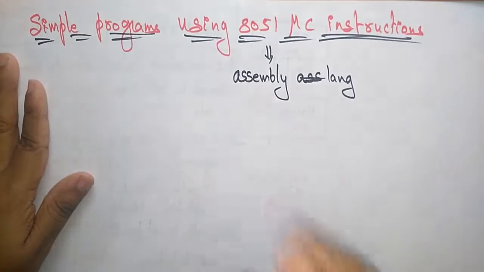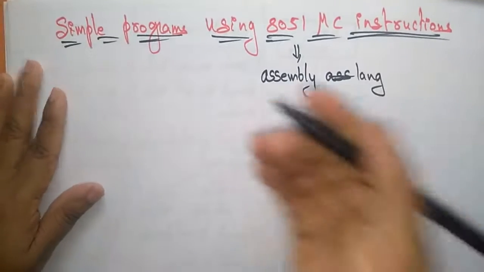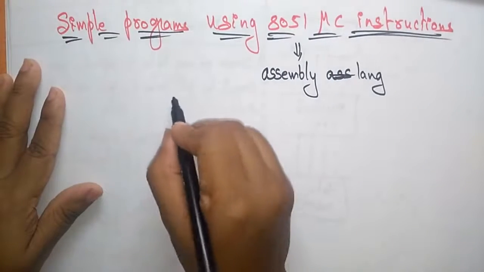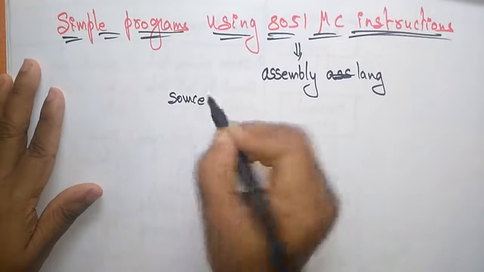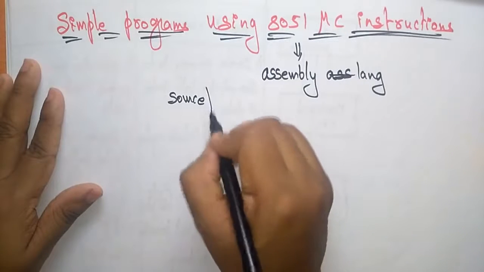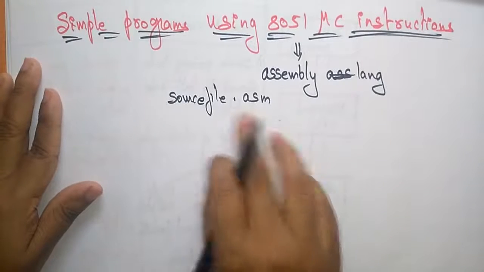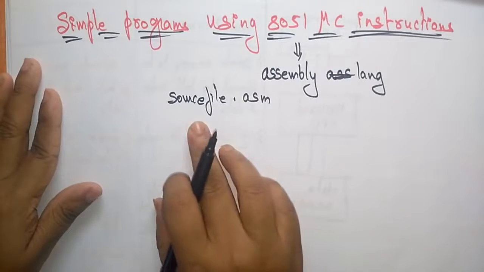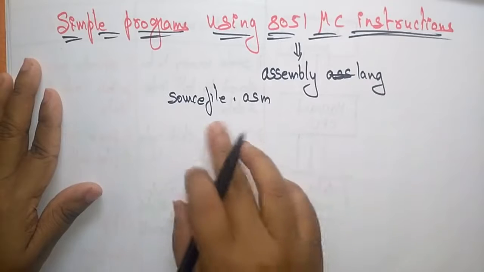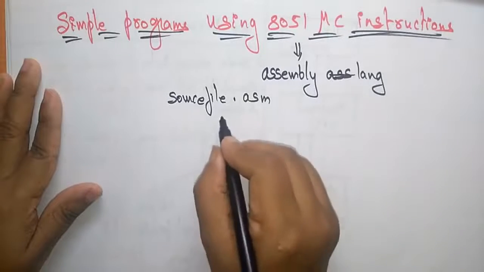Assembly language is a fully hardware related programming language. Remember, whatever file you take, that file has to be stored as, suppose, source file .asm. The extension is assembly language, ASM. Save the file as .asm.